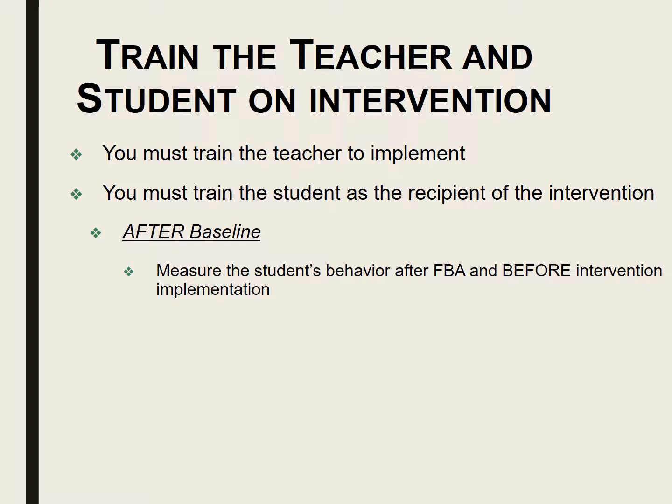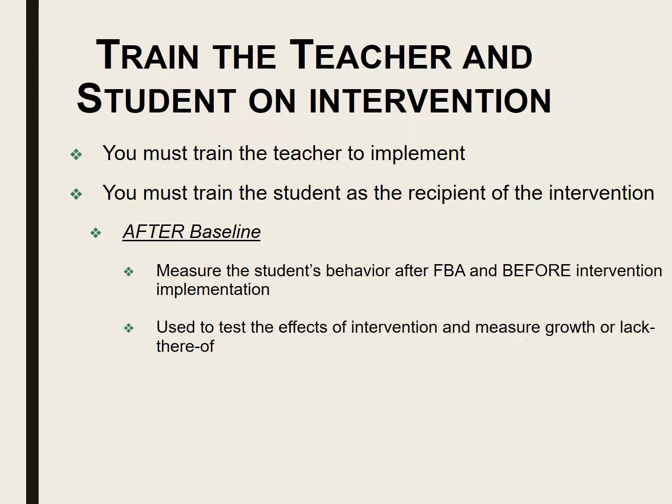This is baseline. You want to measure that student's behavior before any intervention is implemented because it's going to give you a measure and tell you if the intervention is working or not. Again, it's a little dipstick. You want to measure the behavior first with about 3 to 5 observations to get a baseline on where that student is, then design and implement the intervention.